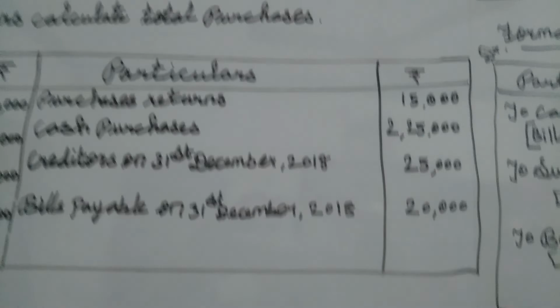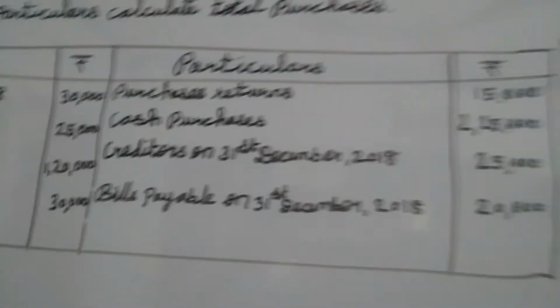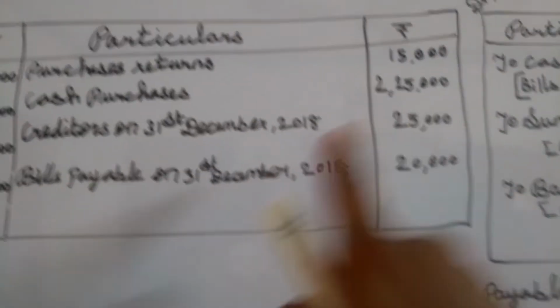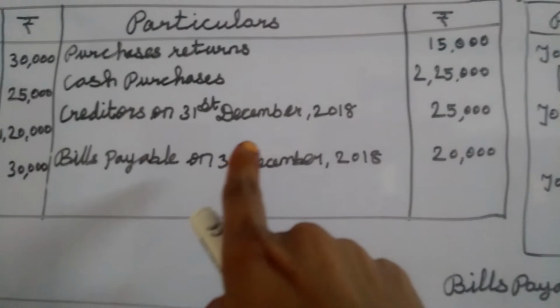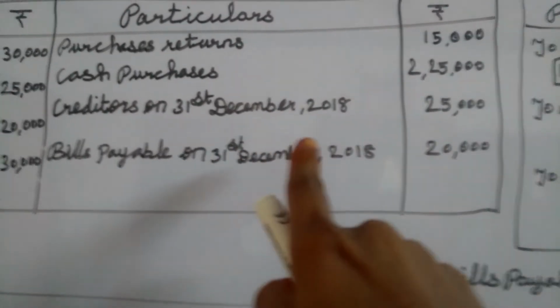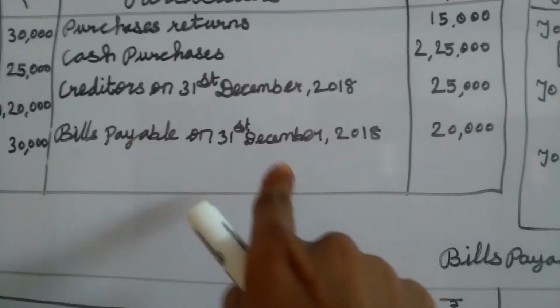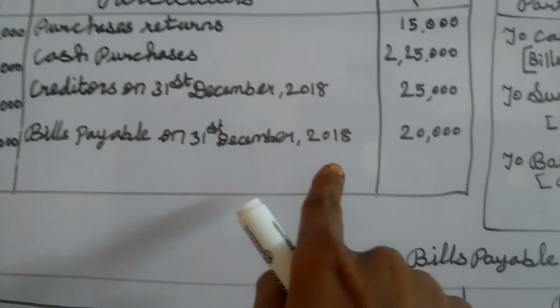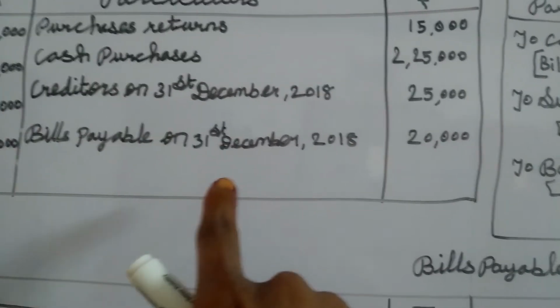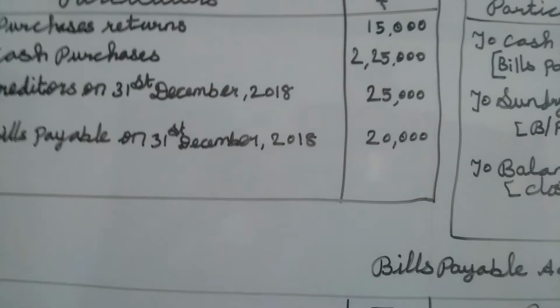Purchase returns, 15,000. Credit purchase, 2,25,000. Creditors on 31st December 2018, that is closing data, 25,000. Bills payable on 31st December 2018. So closing bills payable balance 20,000, right?